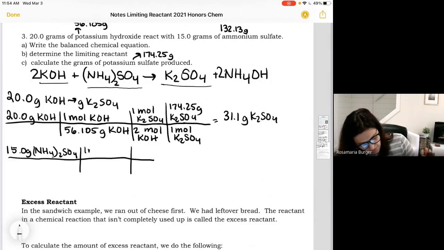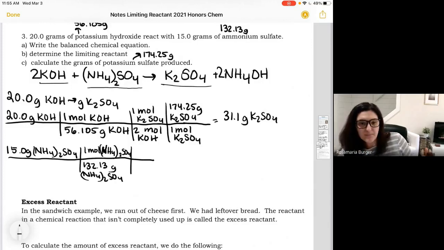So in 1 mole of (NH4)2SO4, there are 132.13 grams of (NH4)2SO4. Okay, and so now we have to get rid of moles of (NH4)2SO4.